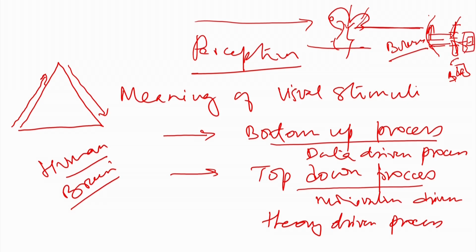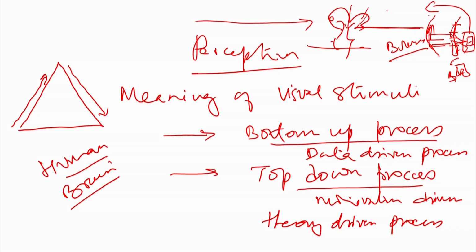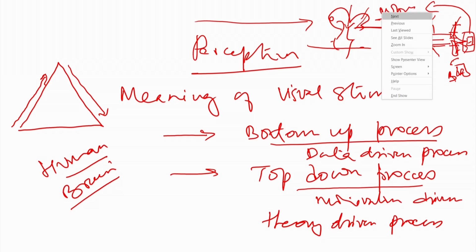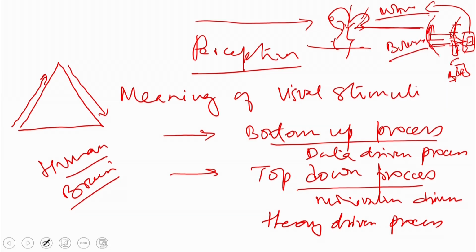This percept which is formed, this interpretation which is formed from the primary inputs from the retina, is then compared with pre-stored notions or pre-stored representations in the brain, and then a meaningful interpretation, a meaningful idea is made about the particular object in the environment. In this case, the idea that this is a tree composed of two parts.